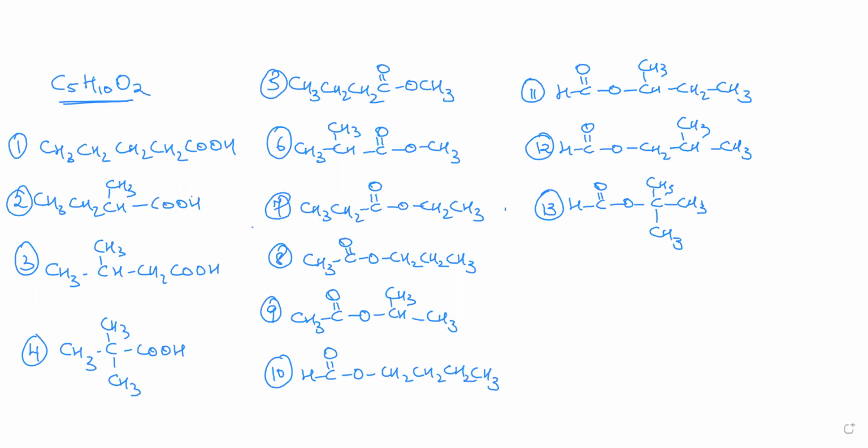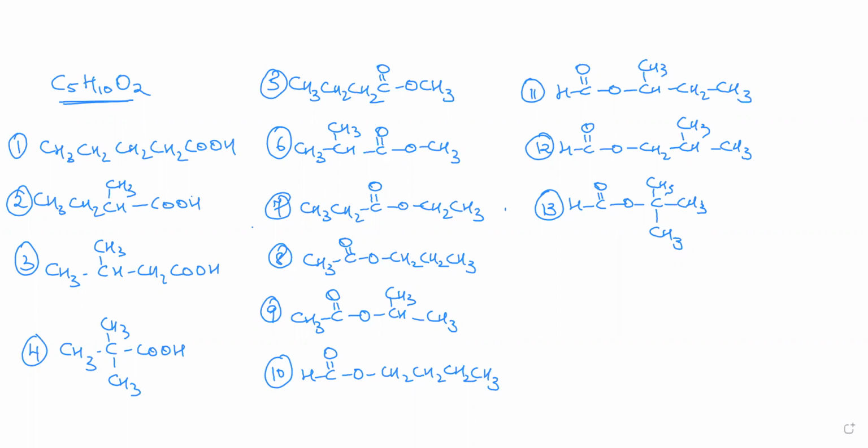Okay, first and second, what is the relation between structure 1 and structure 2? What type of isomers? Yes, they are chain isomers. Very good. Carbon chain का arrangement अलग है, parent chain. Okay, 1 and 2 are chain isomers. What about 1 and 3? 1 and 3 are also chain.